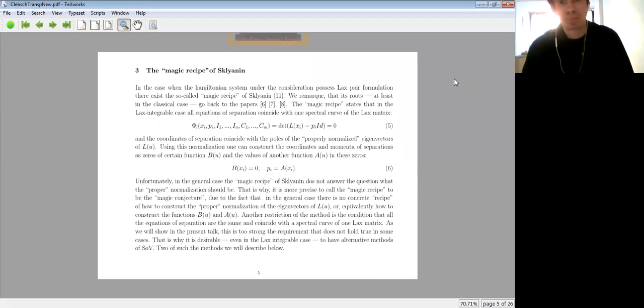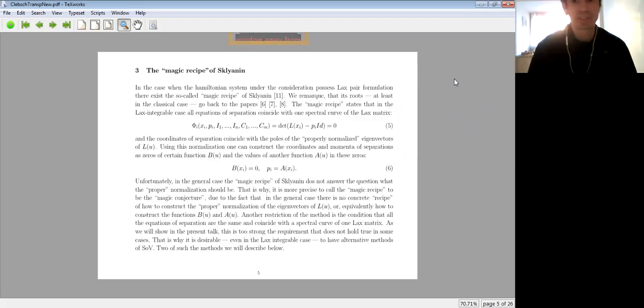The magic recipe was proposed by Skrypnyk in 1995, and we remark that the roots of this approach, at least in the classical case, go back to the papers of Flaschka, McLaughlin, Adler, Novikov, Veselov, and some other papers.